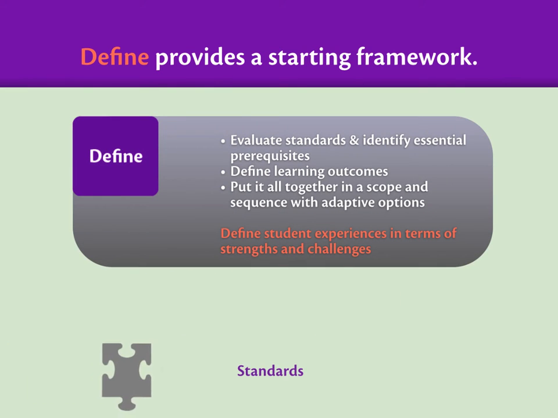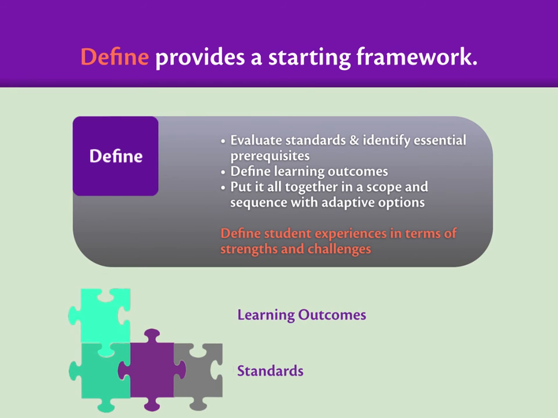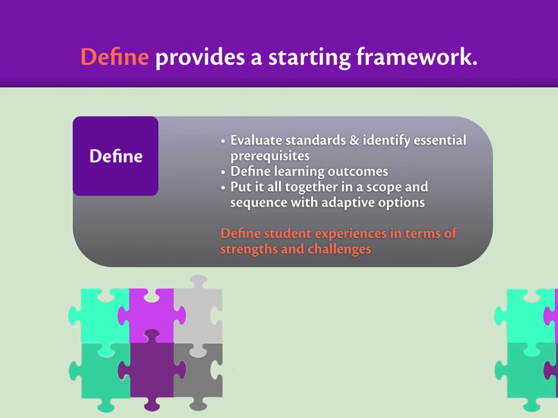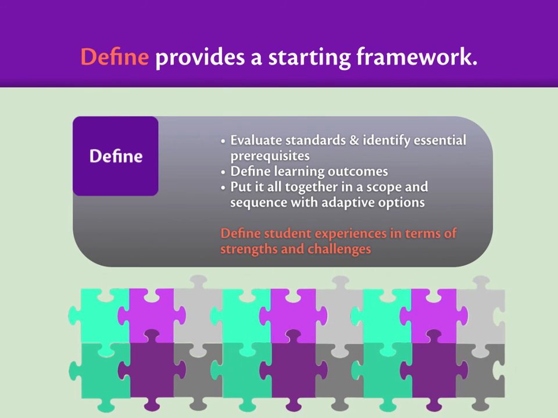Define starts with analyzing standards and identifying prerequisites, defining learning outcomes based upon those standards, and then you put it all together in instructional design documents based on the scope and sequence, often with adaptive options for interactives and lessons.